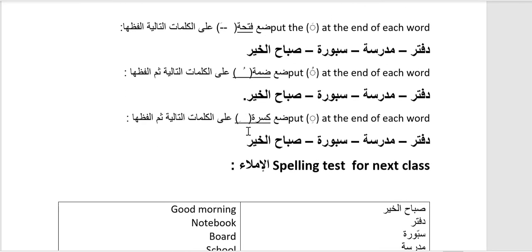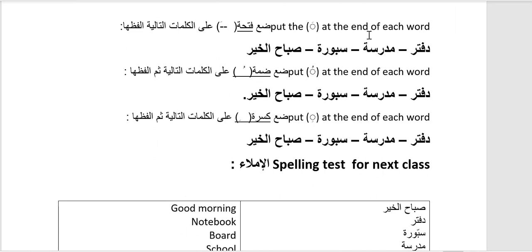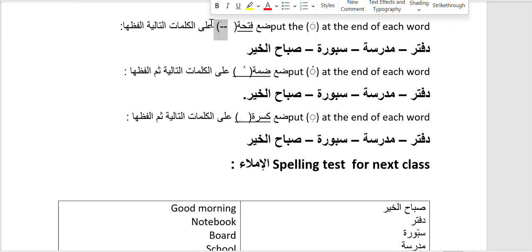For this part, we need to put fatha on the top. Remember when we talked about those little accents on top of each word? Every one of them has a sound, and we call them short vowels. The short vowels are fatha, damma, kasra, sukun.